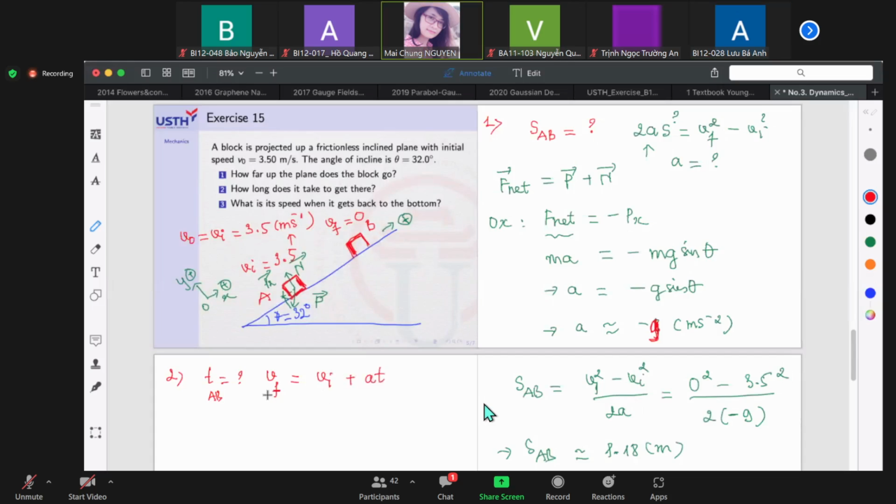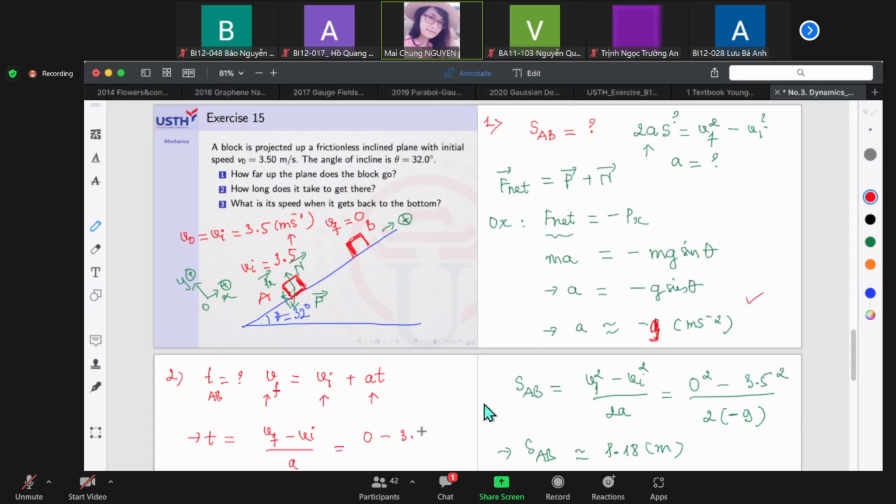In this case, VF we already know, VI is okay, and the acceleration here, right? So to compute for how long, t is equal to VF minus VI over A, right?